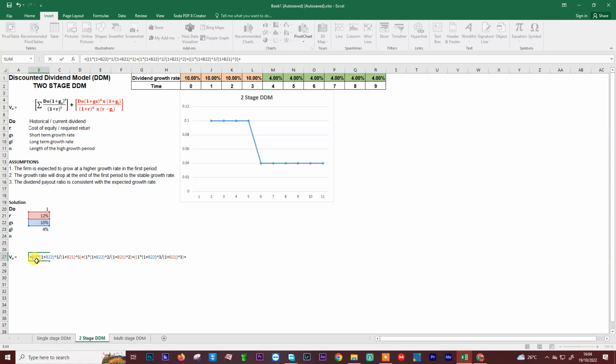So this one is D naught times 1 plus GS power 1 all over, we open the brackets, 1 plus R power 1. We close the bracket like that. So the formula seems to be okay as far as that is concerned. So this is power 1, power 2, power 2, power 3, like that.